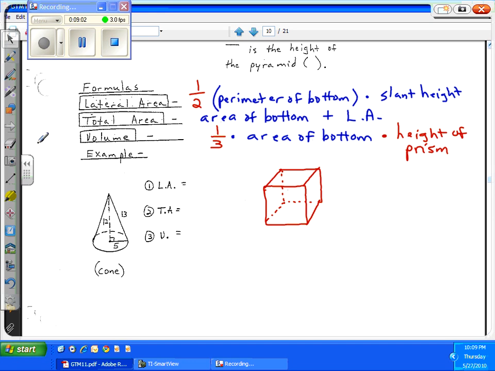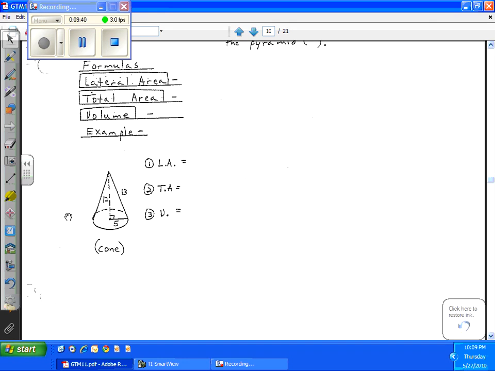If I were to draw a pyramid in here, then the volume of that pyramid would be 1/3 of the volume of that whole cube. It only takes up 1/3 of that space, okay? So there's our formulas. We study them, we memorize them, we try to understand them, and then we apply them.